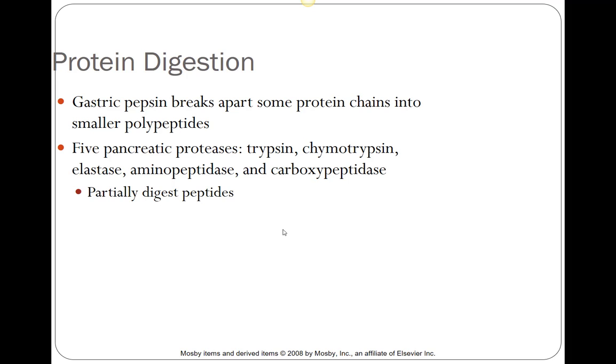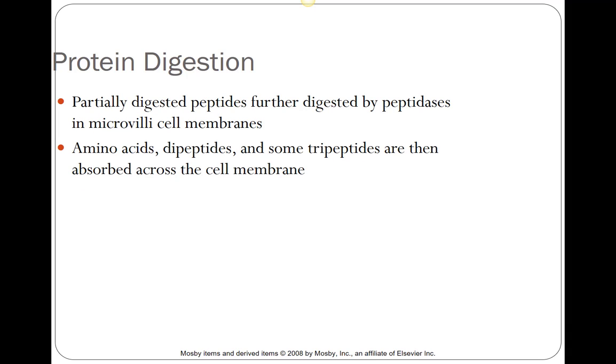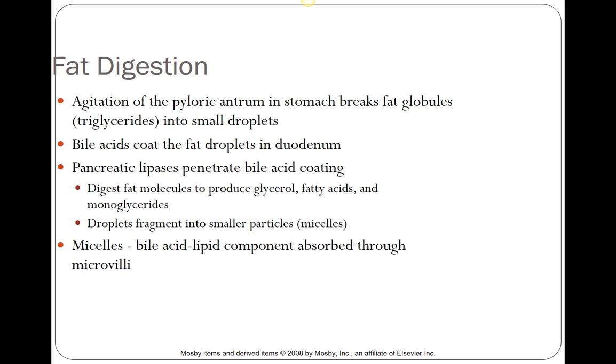These take what the pepsin has already done in breaking down protein into smaller amino acid chains and break them down into their individual amino acids, to where they can then be easily absorbed across the intestines. And then there are certain peptidases within those microvilli that help to bring across those amino acids, some dipeptides and some tripeptide chains, but mostly the single amino acids.